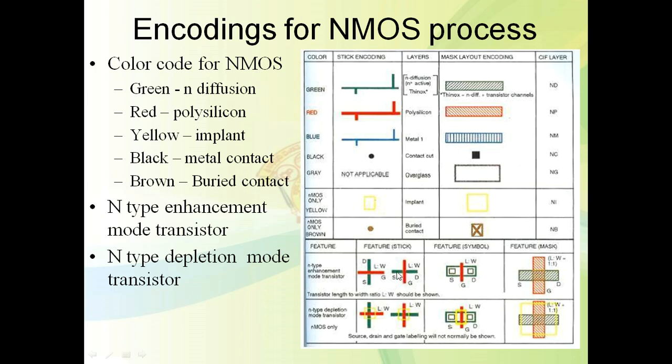We have to mention the length and width of this feature size. Feature size is nothing but the length and width of the transistor. So here this is a feature symbol, where horizontally is the diffusion layer and vertically the polysilicon layer.